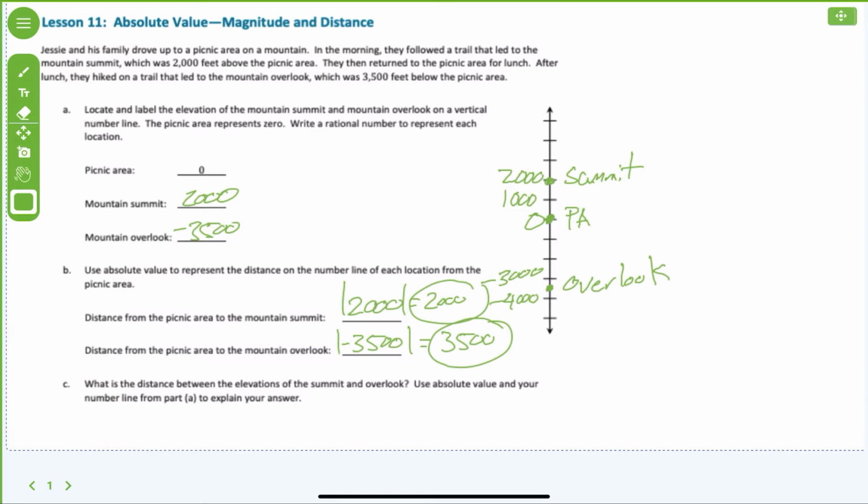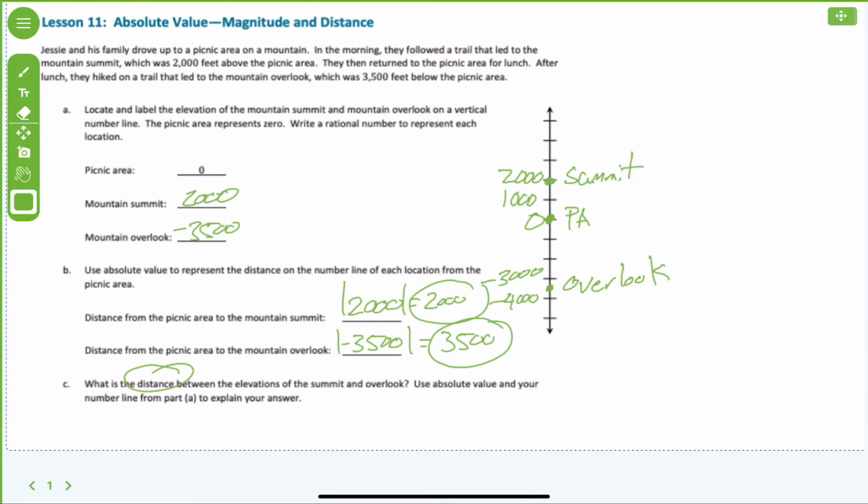Now, what is the distance between the elevation of the summit and the overlook? Remember, distance is always going to be positive, right? Distance has got to be positive. So, between the elevation of the summit and the overlook, use absolute value and your number line from part A to explain your answer.